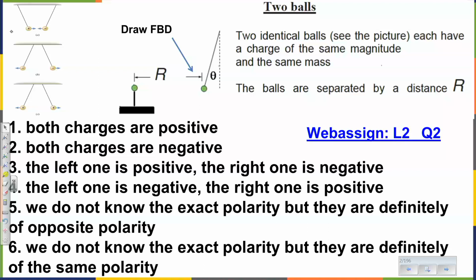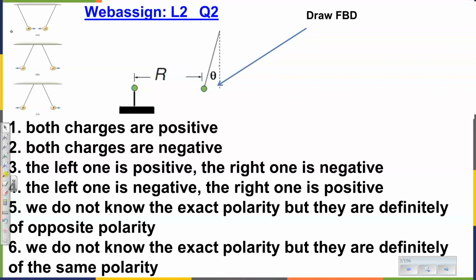And in this situation, of course, we need to draw a free body diagram. And this part is not new. So let's say we have an object. String.